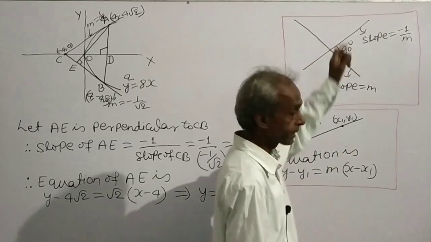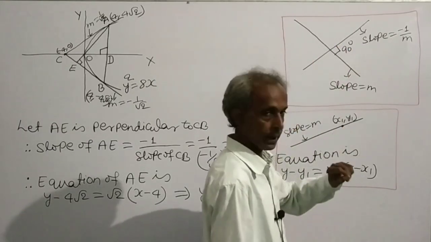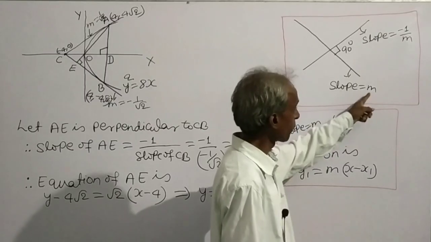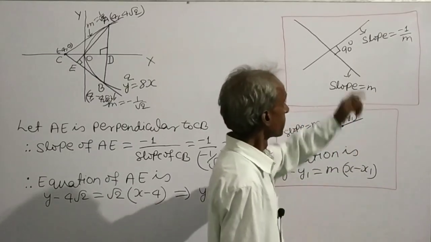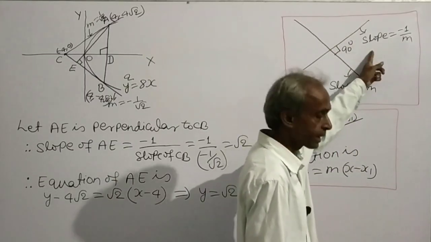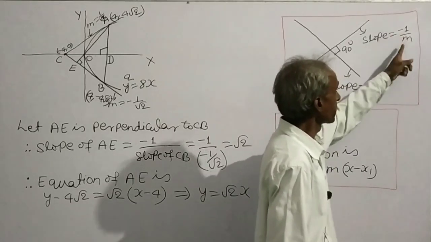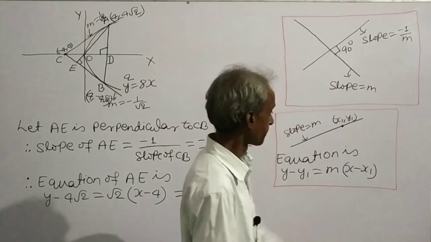If two lines are perpendicular and the slope of one line is m, then the slope of the other line will be -1 by m.